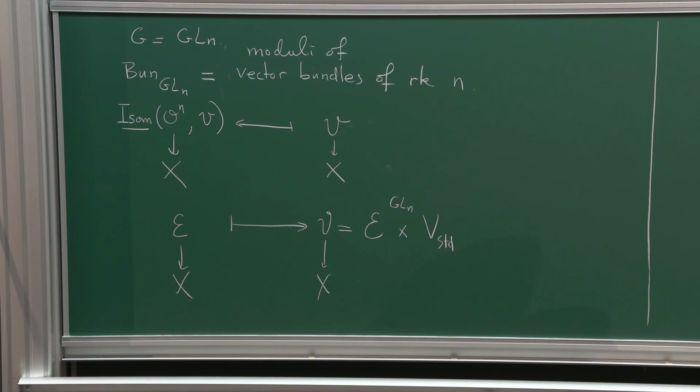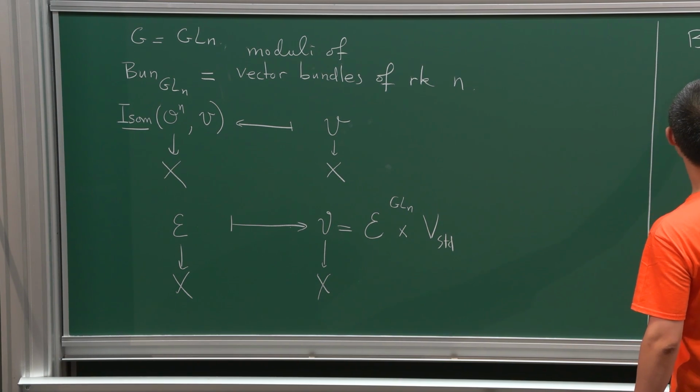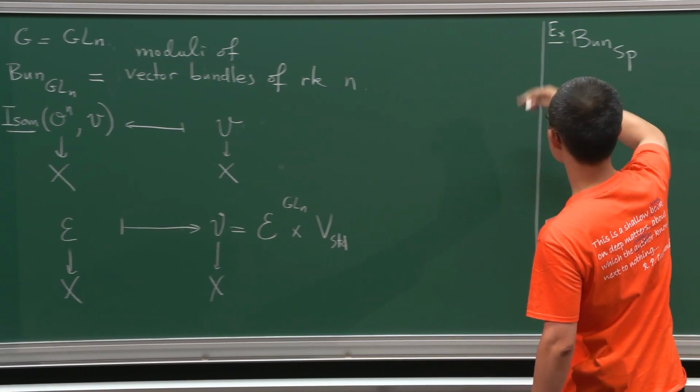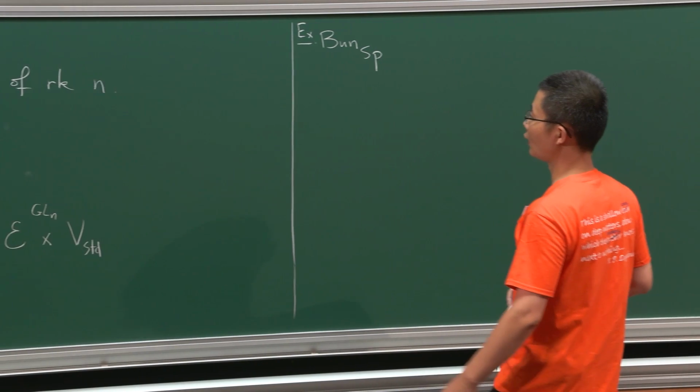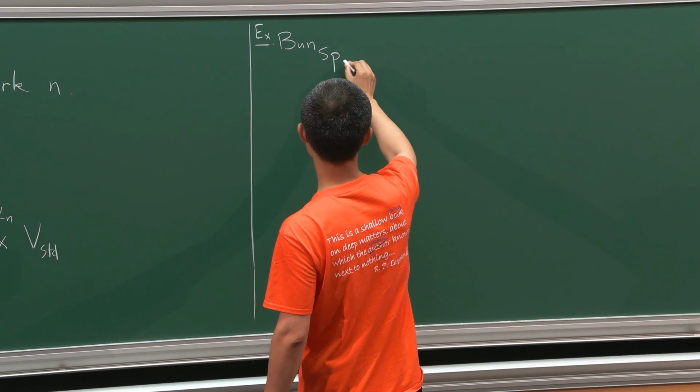For classical groups, we can always think of Bun_G, when G is a classical group, as a vector bundle with auxiliary structure.